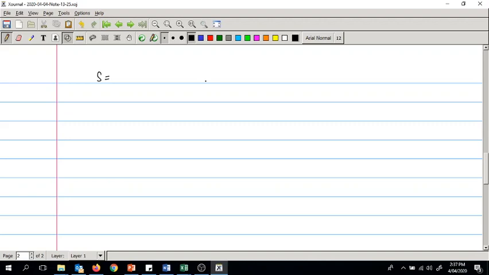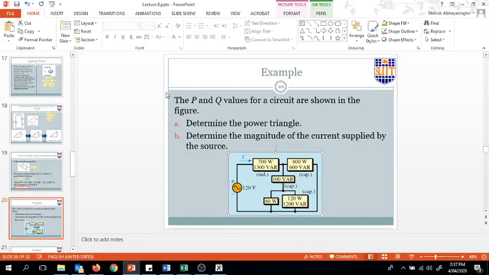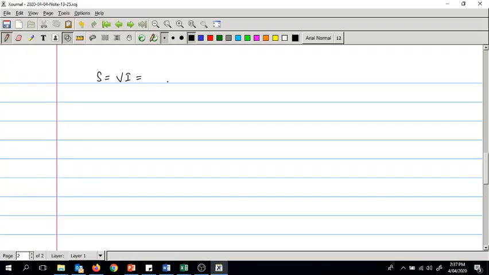So S is equal to what? VI. So what is V? V is 120.